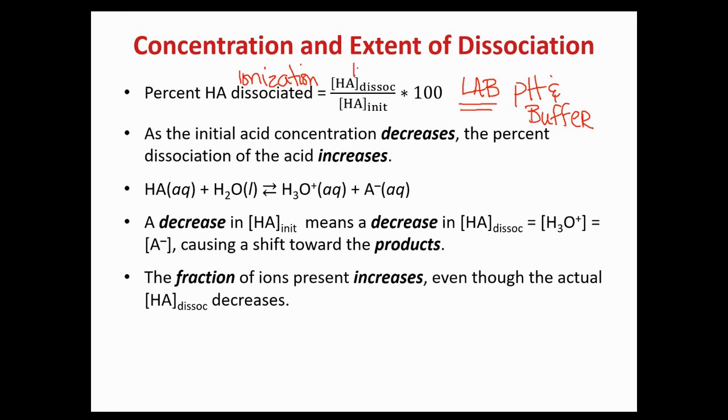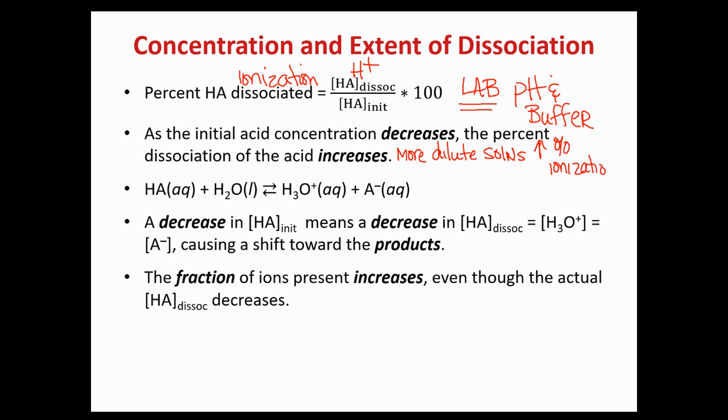So I like to do this as H plus over HA times 100. Interestingly enough, as the acid gets more dilute, the percent ionization increases. So with more dilute solutions, we see an increase in percent ionization.